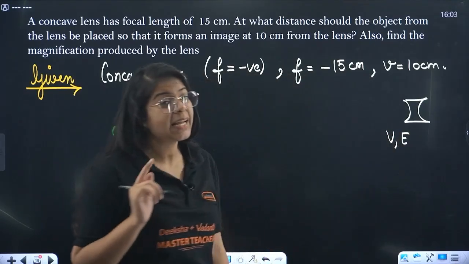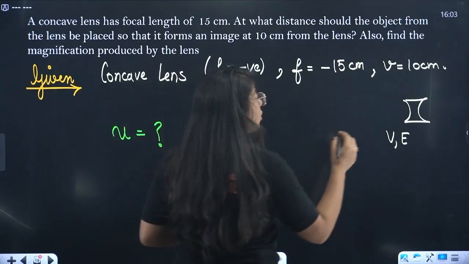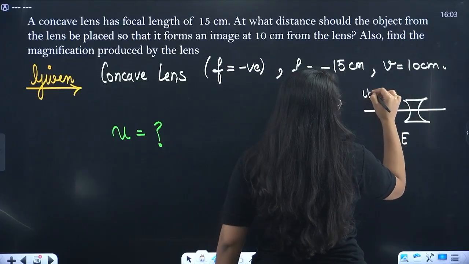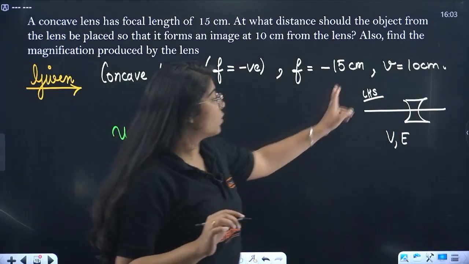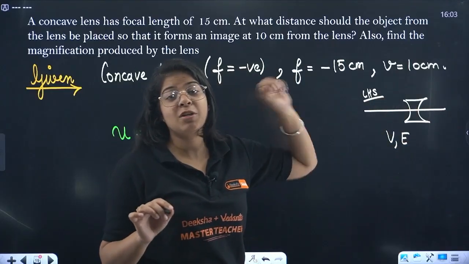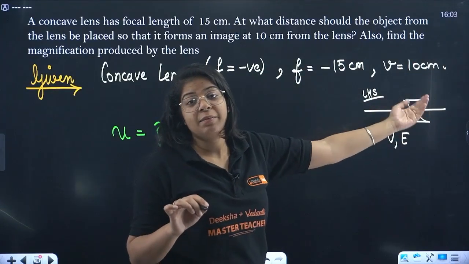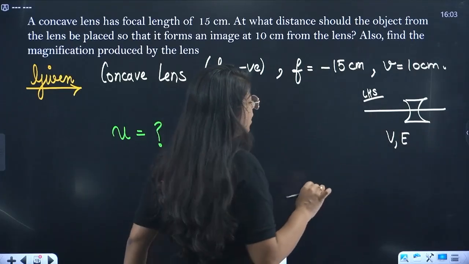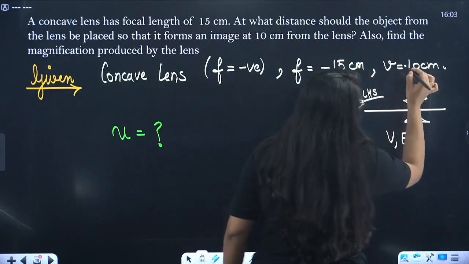But in the case of lenses, the virtual and erect image is formed on the left hand side of the lens, right? In the case of mirrors, it was the other way around. The virtual and erect image was formed on the right hand side. But in lenses, the virtual and erect image will be formed on the left hand side of the lens. So your V will be of negative sign.